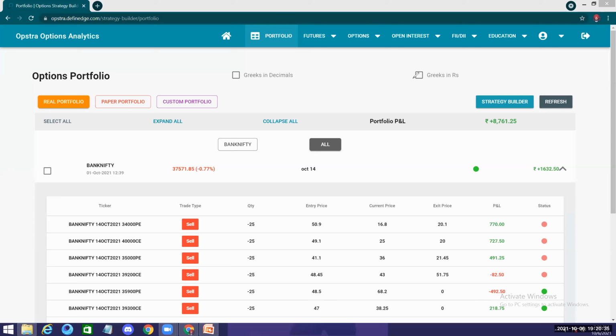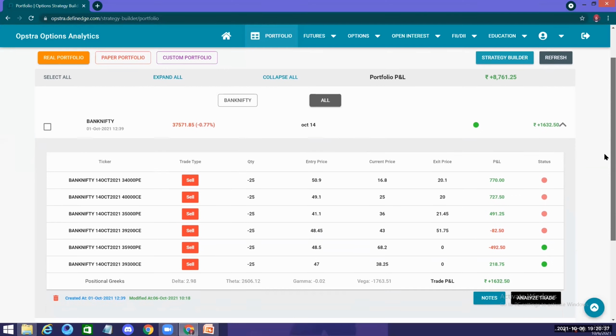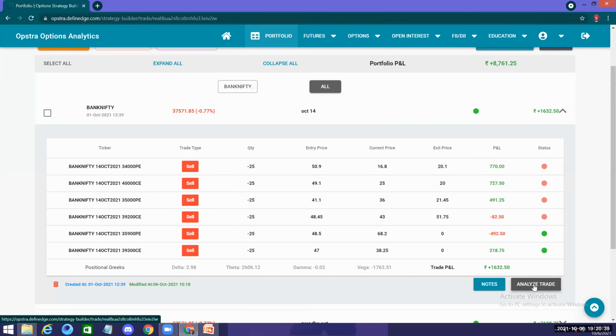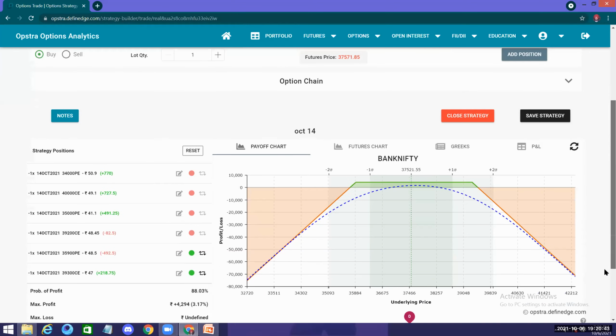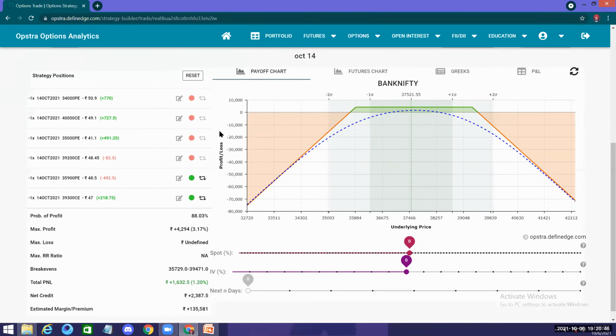Now I will show you, when you analyze the trade, how it goes up. My probability of profit is 88.03%.